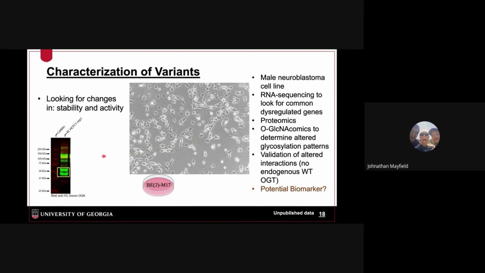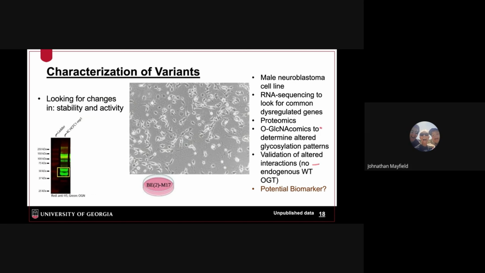So for characterization, we look at changes in the stability and the activity of the enzyme. This is work that Johnathan and some of our undergrads are doing. But we're also generating lines of male neuroblastoma cells with a variety of OGT-XLID mutations. With these cell lines, we can look at things like changes in gene expression, which I was mentioning before, OGT protein interactions, and O-GlcNAc.